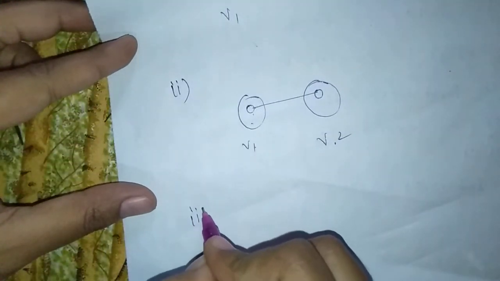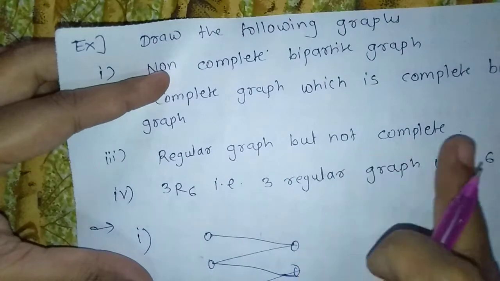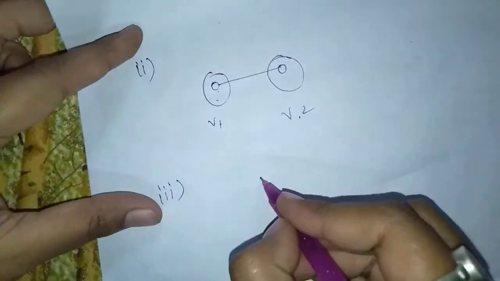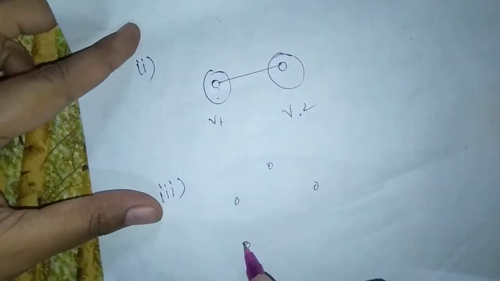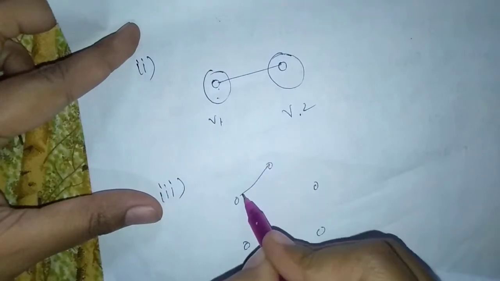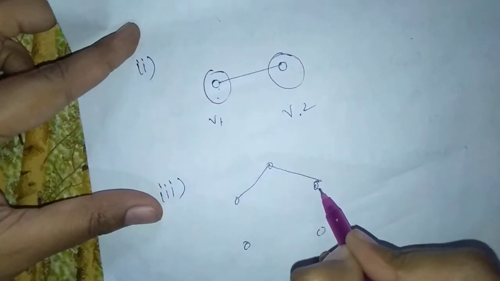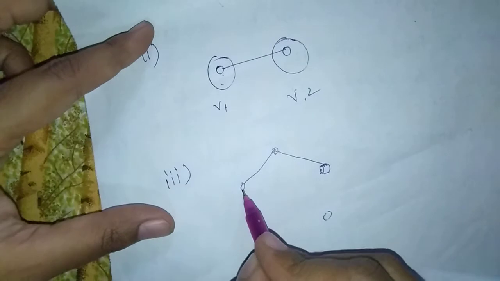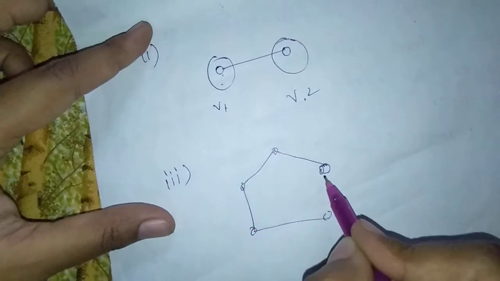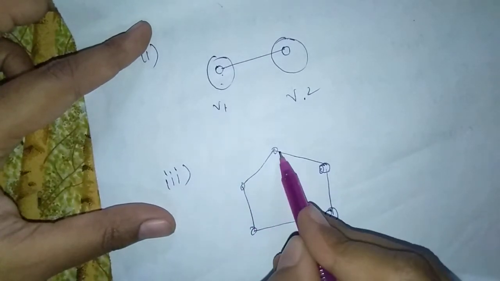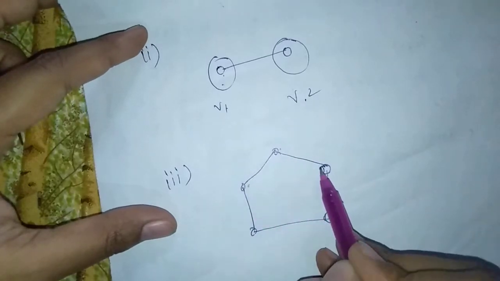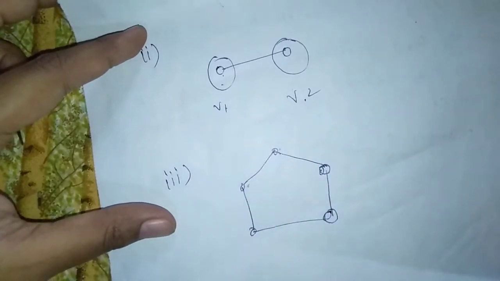Third, a regular graph but not a complete graph. If we take 5 vertices, and each vertex has the same degree, then we can say that this is a regular graph. You can see that each vertex of this graph has degree 2. So this is a regular graph.